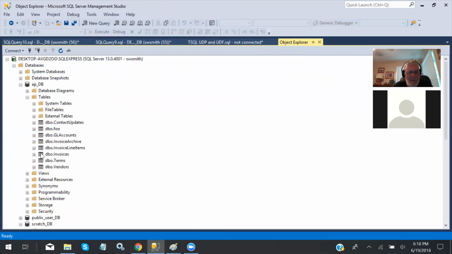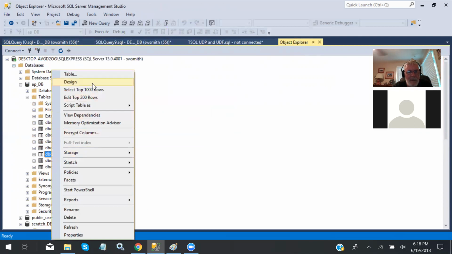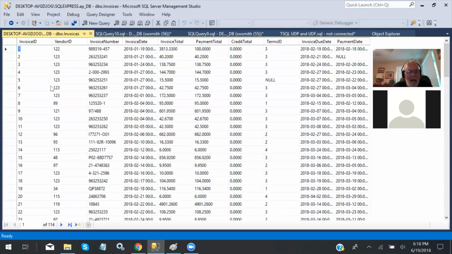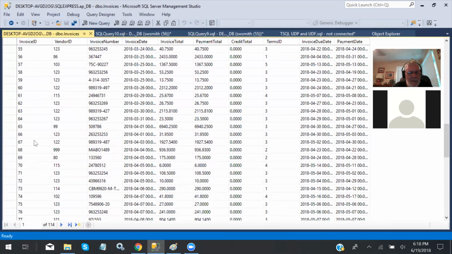Let's go over to the invoices and say edit top 200, and scroll down to invoice ID number 68. What do we have here for vendor ID? 999. If I were to go over to the vendors table and look for 999, there isn't one. This is an invalid record. I put him in there for that reason. He's not an orphan.